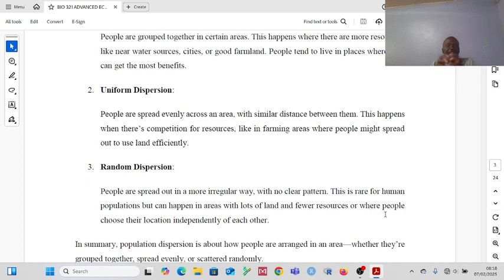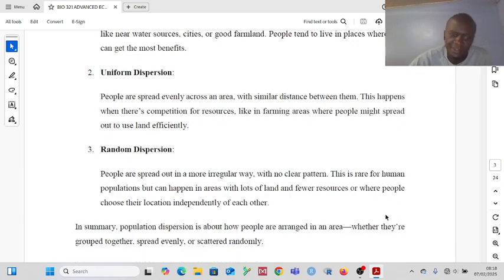Okay, so nothing attracts you, and equally there is nothing like insecurity. So you don't need to move close to each other. There is no insecurity. There are no other resources that you want all of you to be attracted to. So you can be found dispersed anywhere.